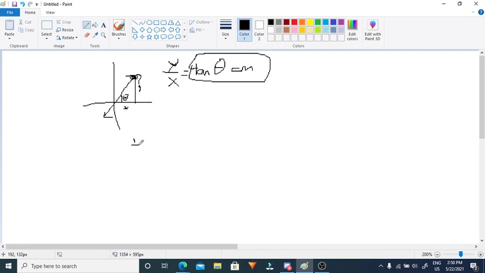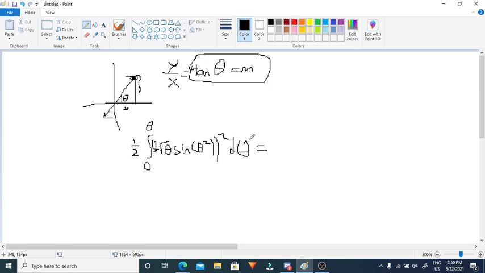I'm going to write the expression for area: the integral from some value theta, we don't know yet, to 0 of our function, 3 root theta times sine of theta squared, all squared d theta, equals, from part A, the total area is 9 pi over 8, so equals 9 pi over 16. So we want some value theta to where that works.